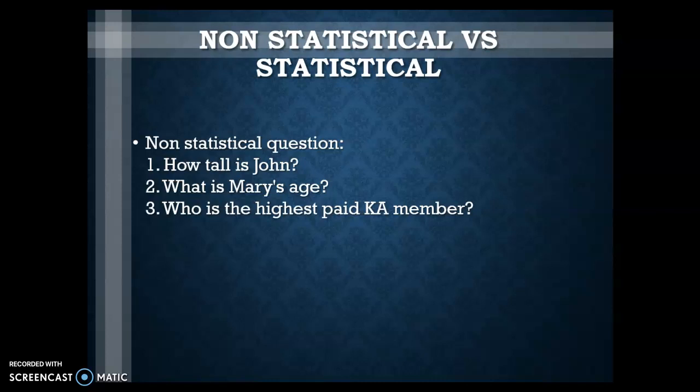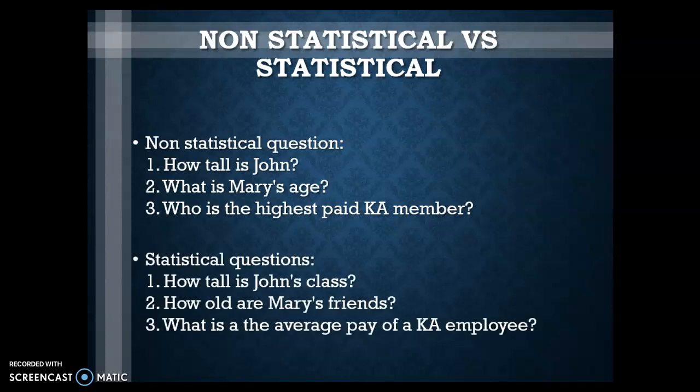So non-statistical questions might be things like how tall is John, or what is Mary's age, or who is the highest paid member of an association. That's just a straight up answer, right? John is 6 foot tall. Mary is 40 years old. A statistical question is when we're gathering data.